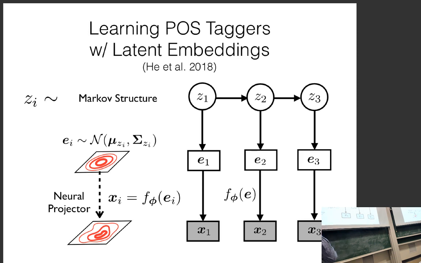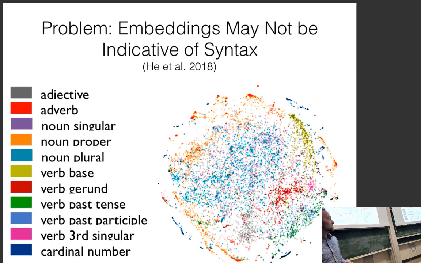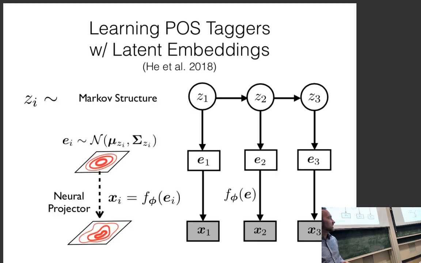So the reason why this is good is because basically what this means now is if we go back, we could have a single state that emits all of these singular nouns using a very complicated function that gives high probability to the singular noun parts, gives low probability to the plural noun parts, by starting out with this Gaussian and then transforming it through a neural network to get the more complicated distribution.